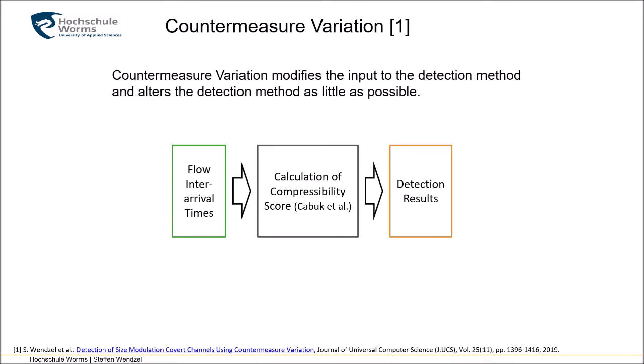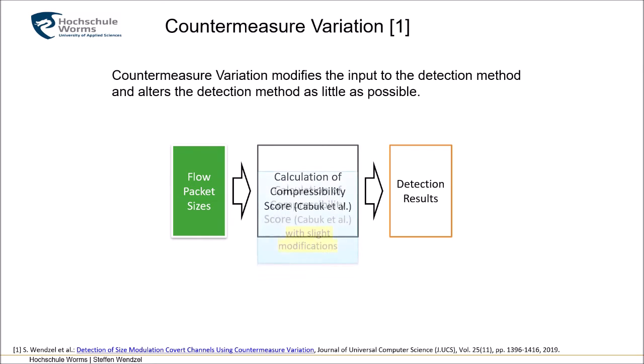With countermeasure variation, we take such an existing countermeasure, like the one here. So we still take the one from Cabuk et al., the compressibility score, but we replace the feature of the first pattern, let's say the flow-based inter-arrival times for the inter-packet times pattern, with flow sizes to detect the size modulation.